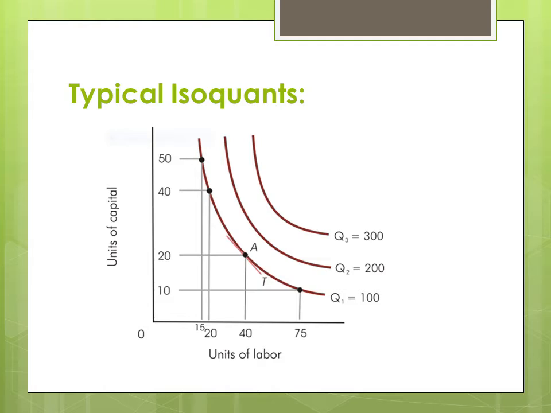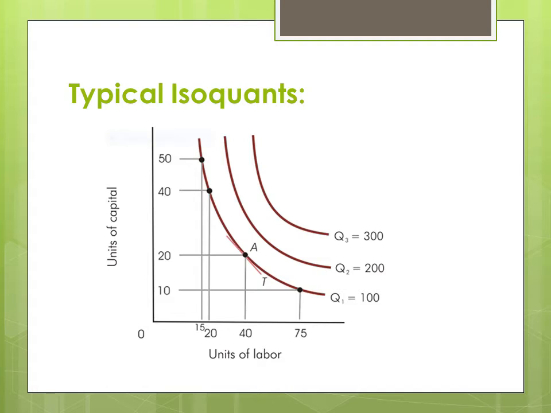But below point A, to get more units of labor, the firm leaves only 10 units of capital. But above point A, to get 5 units of labor, the firm leaves 10 units of capital. So substitutability exists here, but not perfect substitutability. That's why an isoquant curve is downward sloping and falls from left to right.